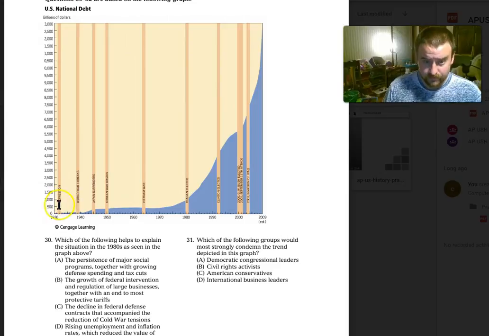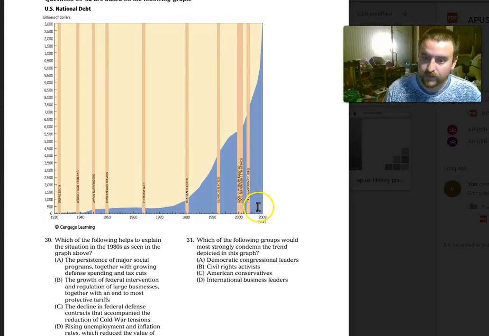National debt. We see basically exponential rise in the debt, really starting in 1980 and not slowing down. Slowed down a little bit during the Clinton years. Remember, that's when we're going to have a balanced budget. But ever since then, we've not had a balanced budget. So it's just steadily increased in both Democratic and Republican administrations, right?